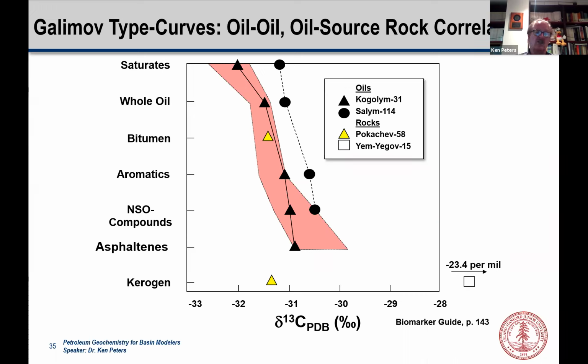I will say that this Pokachev extract is almost certainly going to match up with these oils. That's the source. It's an Upper Jurassic source. Over here, we've got a kerogen from Yemyegov. That's clearly not related. That's a different source. So the Galimov type curve is useful.